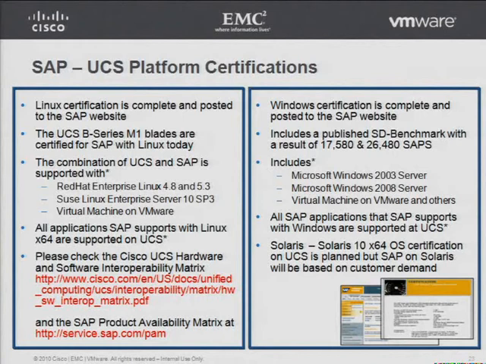Currently, Vblock is being offered in 2 different types of chipset. For the Nehalem chipset, which is a 2.53 gigahertz Intel Xeon base, the calculated SAPS is 17,580, whereas for the latest and greatest Westmere chipset from Intel, it is 26,480.